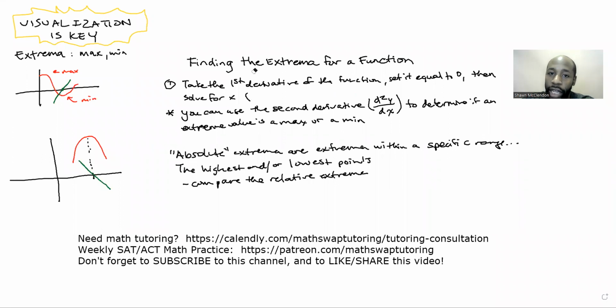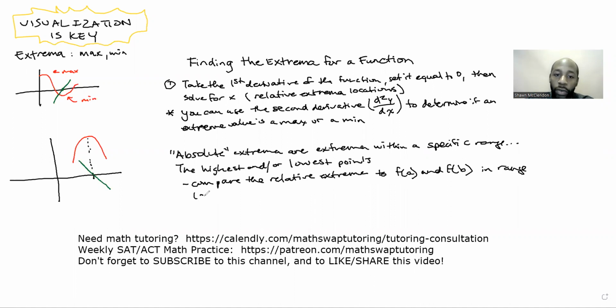Be a little bit more accurate here. So compare the relative extrema to f of A and f of B in the range, or I should say over range A, B.